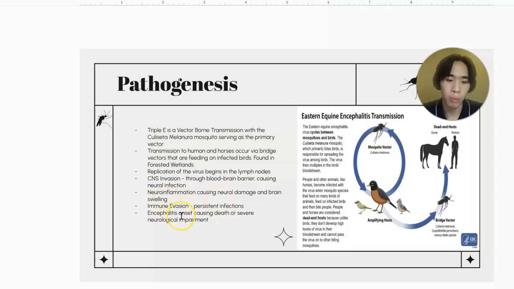And after that, the virus finds its home within the brain and evades the immune response. It just continues to infect the body. And from there, encephalitis occurs with inflammation within the brain, and then causes coma, death, or severe neurological impairment.